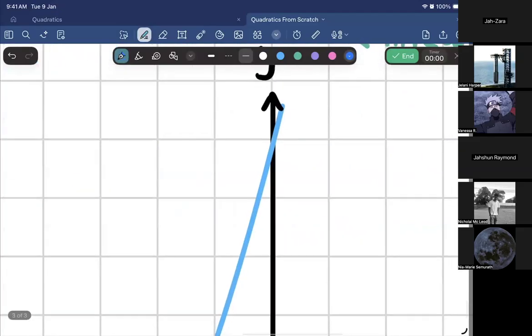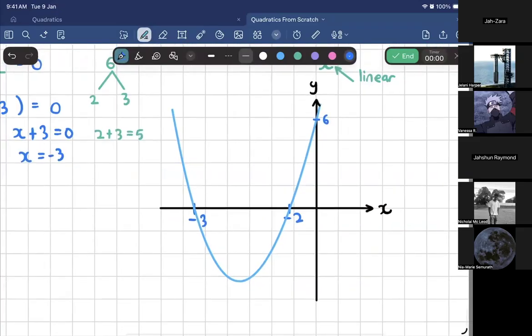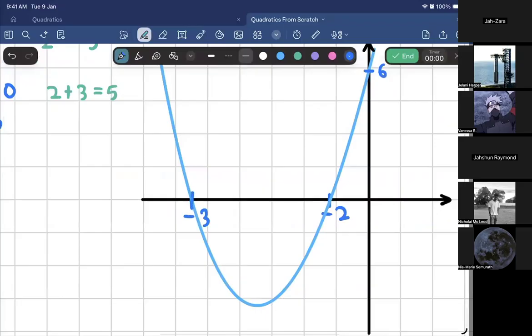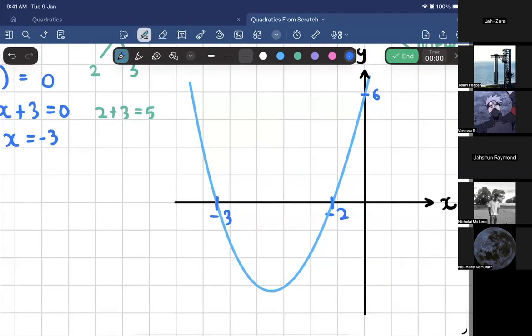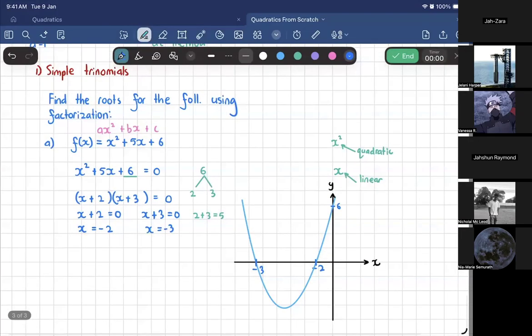At 6. So after today, you should now be able to identify what's a quadratic and what isn't a quadratic. You should be able to put something in the form of a quadratic if it doesn't look like it. You should be able to figure out what a, b, and c are, and whether it's a maximum or a minimum. You should be able to solve your roots for a simple trinomial and sketch it by showing the x-intercepts and the y-intercept, which is a good amount of stuff.